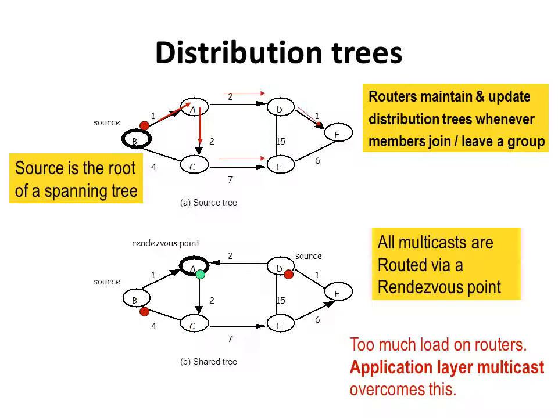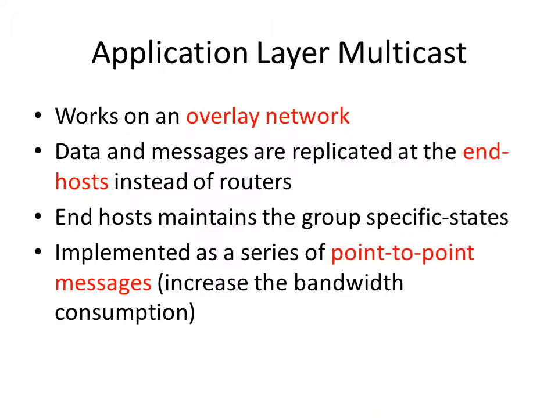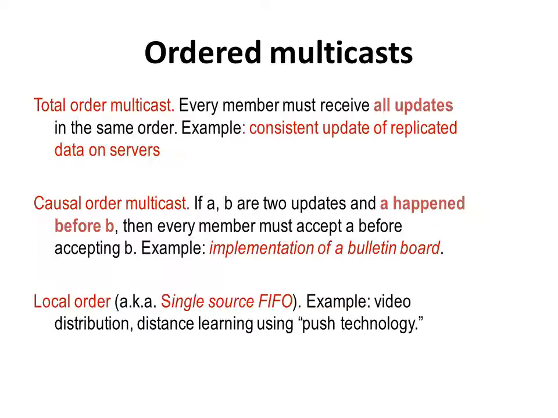So you need to know how these 2 work. We went over that in the class. All right, so for application layer multicast, there's not much. You just need to know the difference between the IP multicast and the application layer multicast.